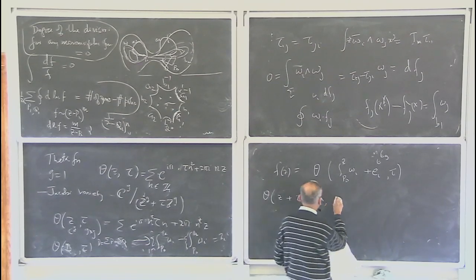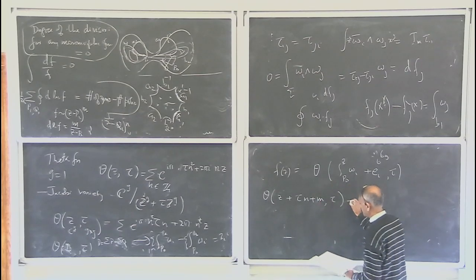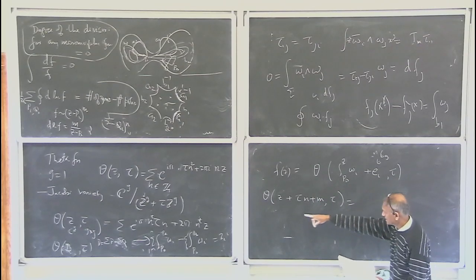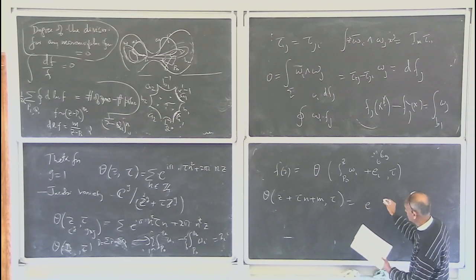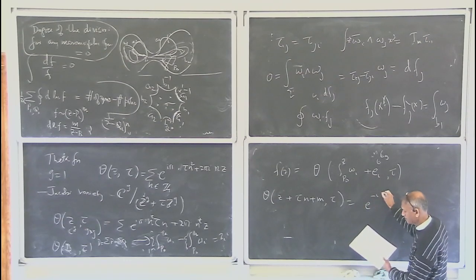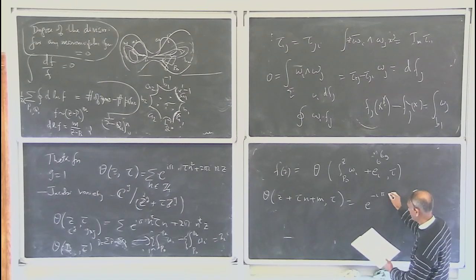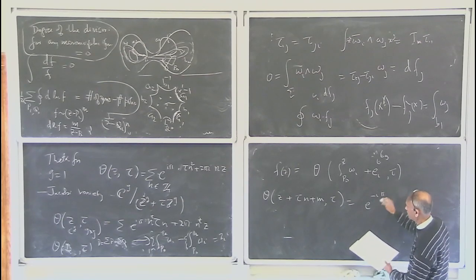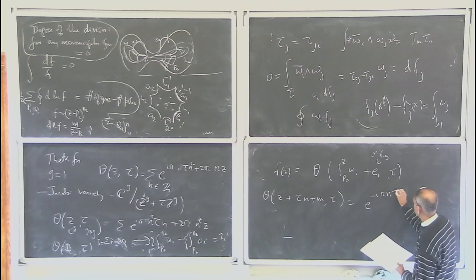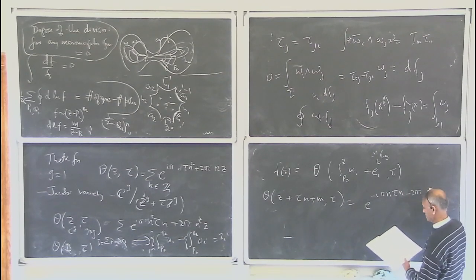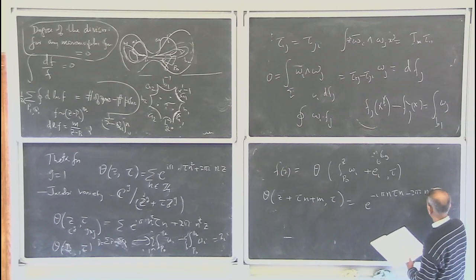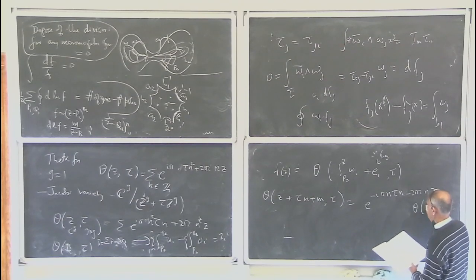This theta, which is a very simple thing, just as we have done many times in the genus 1 case, you can show that this is nothing else but e to the minus i pi n tau n minus 2 pi i n z times theta of z, tau.